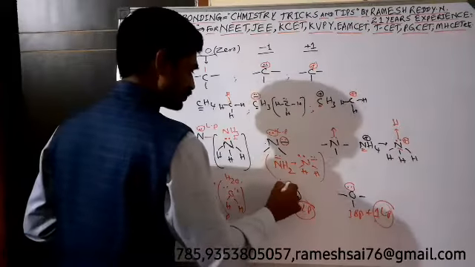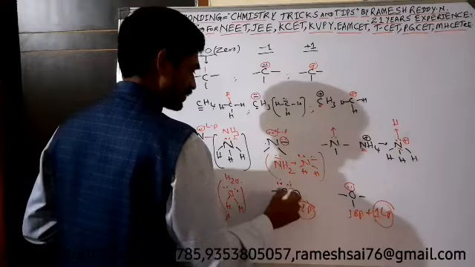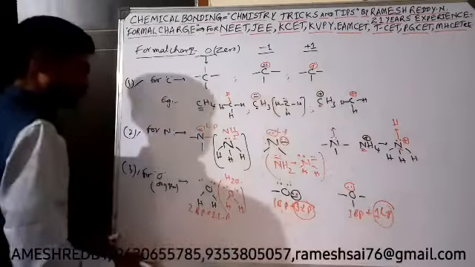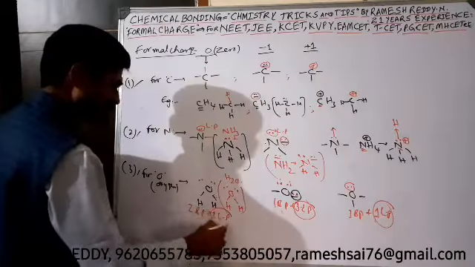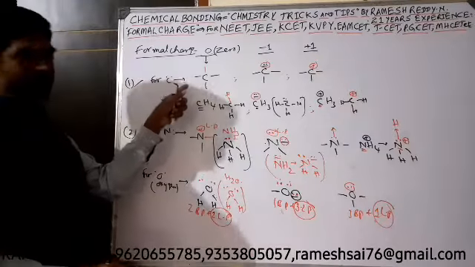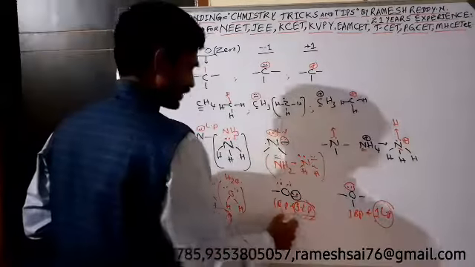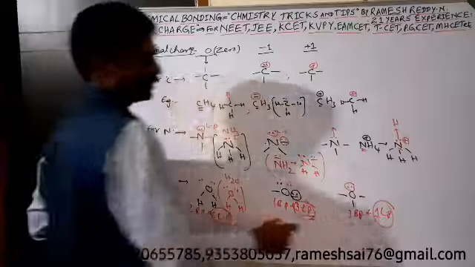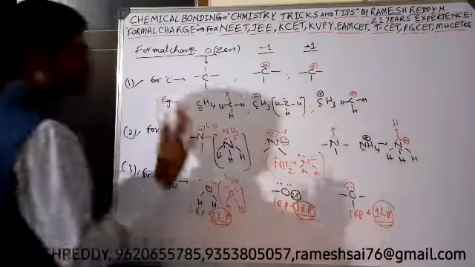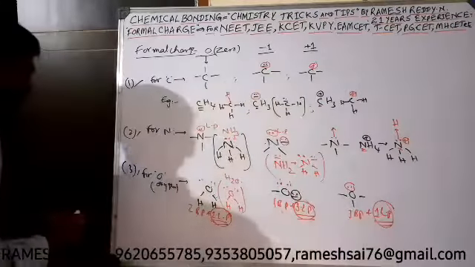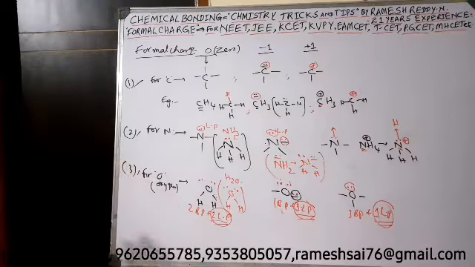Here 1, 2, 3. So this is also a lone pair, right? It is a negative charge. Here two lone pairs. If oxygen having two lone pairs, formal charge 0. Three lone pairs, formal charge is -1. One lone pair, formal charge is +1. Right?